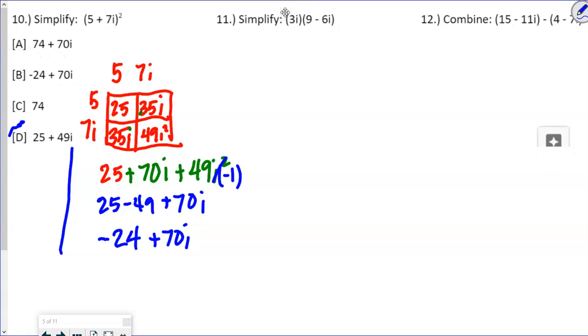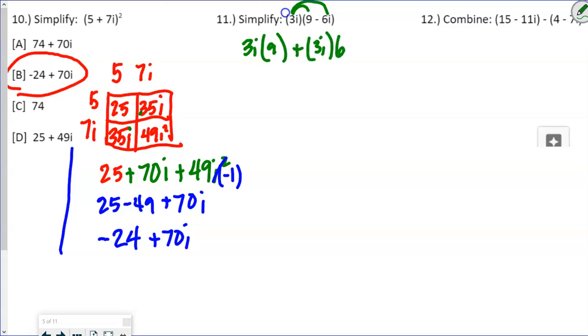So anyway, our answer is B, right, y'all? Right there, okay? So, all right, the next one's simplify. So all we're doing here is the distributive property, right? So we're going to multiply that times that and that times that. So we're doing 3i times 9 plus 3i times negative 6i, sorry.